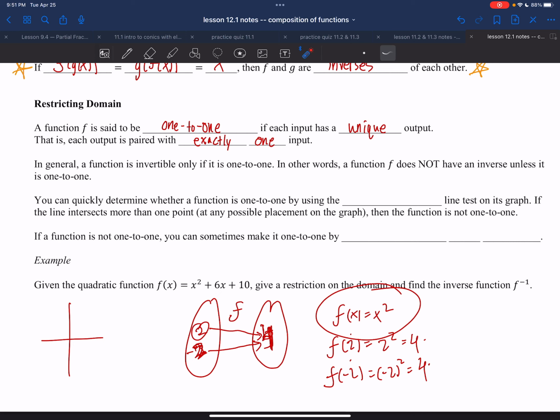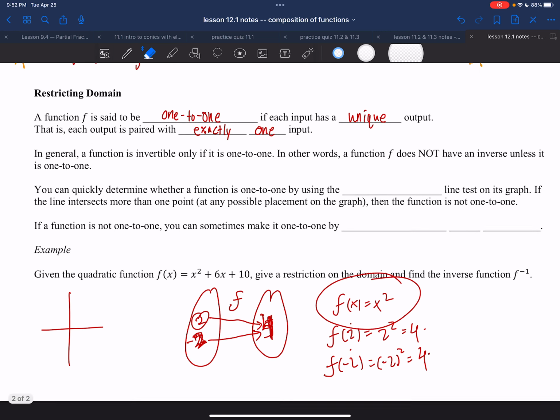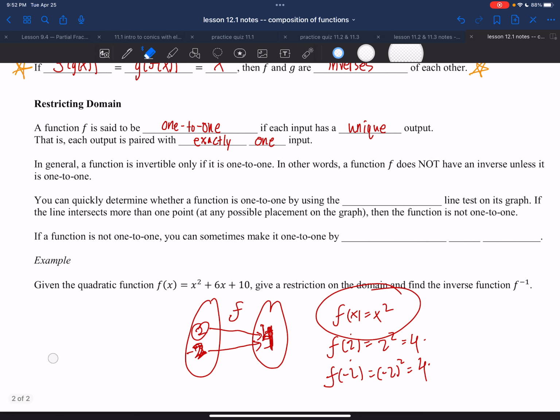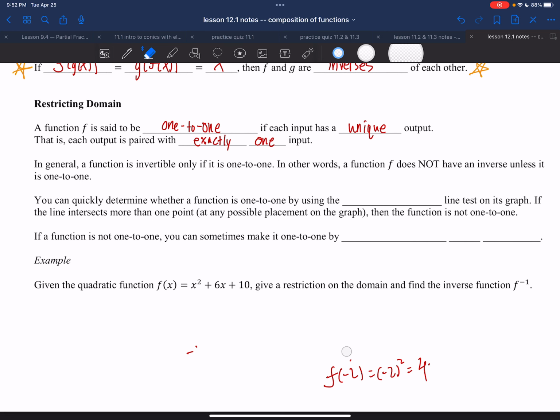It's still a function if it does, but it's not called 1-to-1. I hope you understand this idea of 1-to-1 means every single element is matched one time. There's no multiple pairs, okay? I hope I've explained this well, because it can be a little confusing. Okay, so anyway, continuing on.